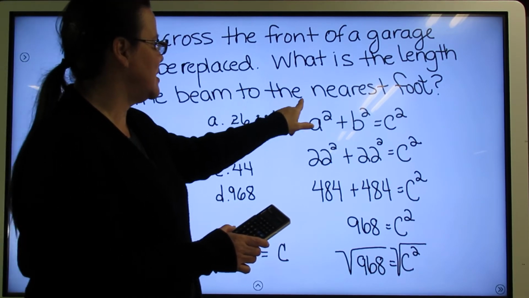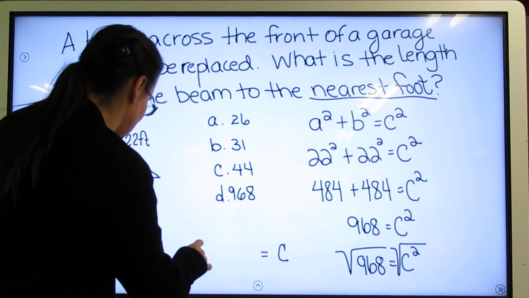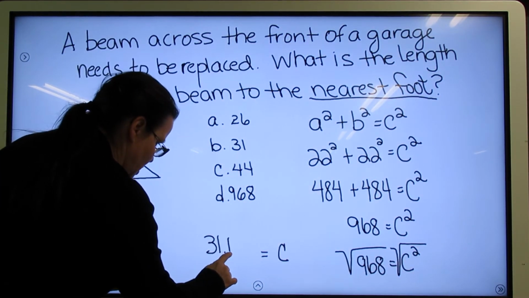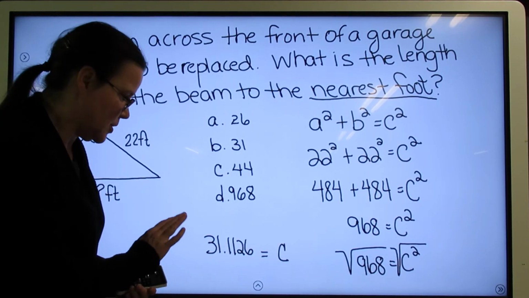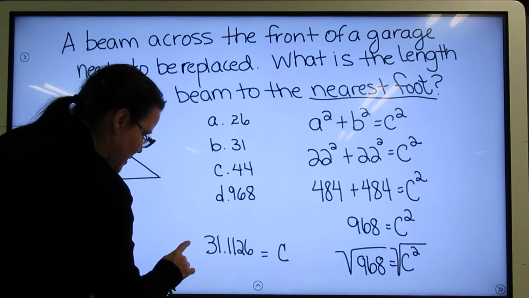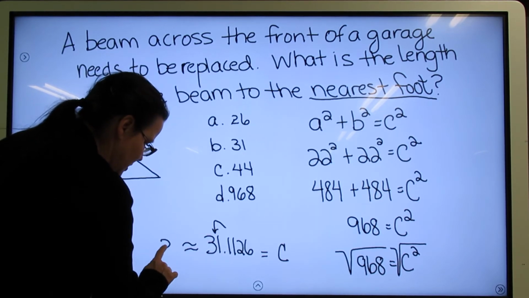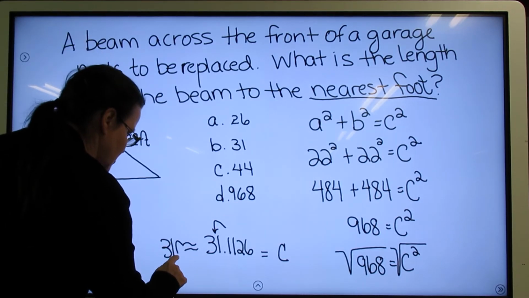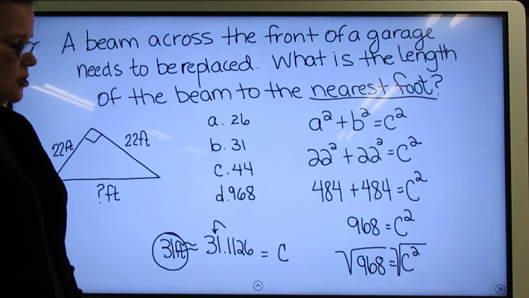And they said to the nearest foot. So you're rounding it. So if it was 31.1126, let's just stop at those 4 decimal places, then we round it to the nearest foot. That's a 1, and it just is 31. And it's in feet, so it would be 31 feet. And that is how you would get the measurement of that.